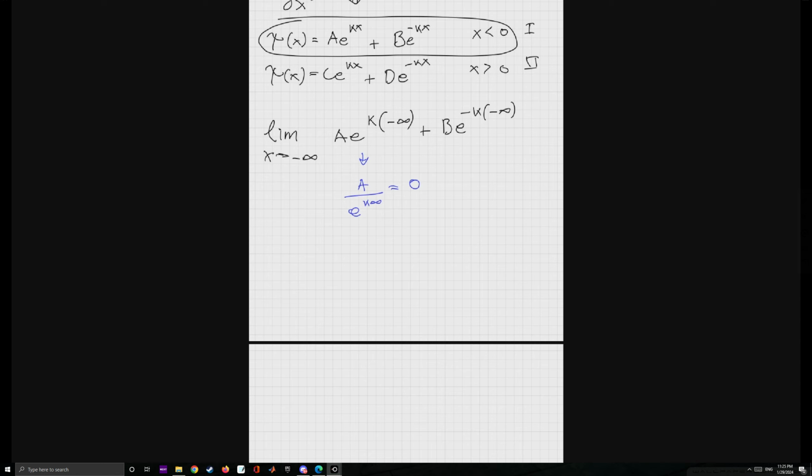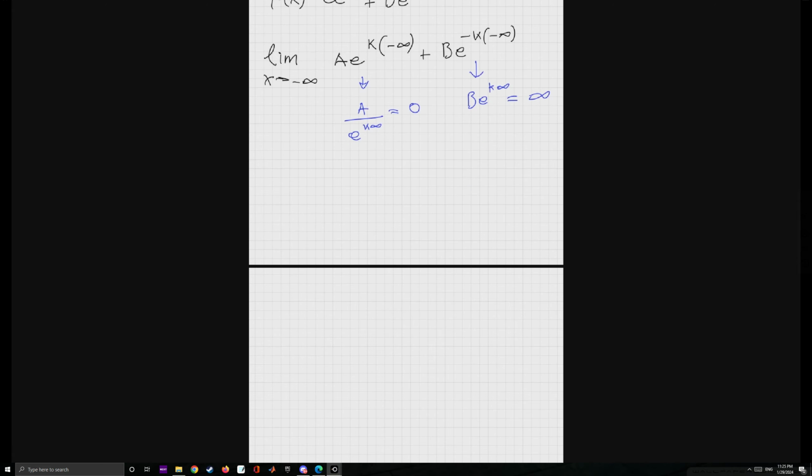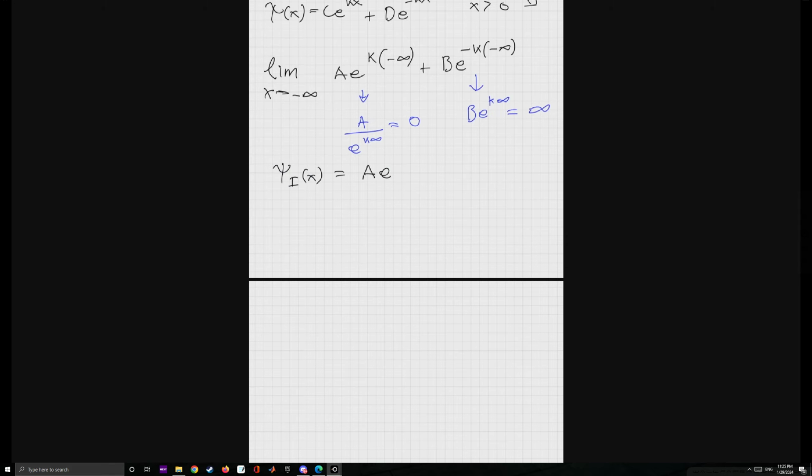But this b is simply going to be b e to the k infinity, which blows up to infinity. So what we must do is just say that b must be 0. So for our first region, we will have a e to the kx.